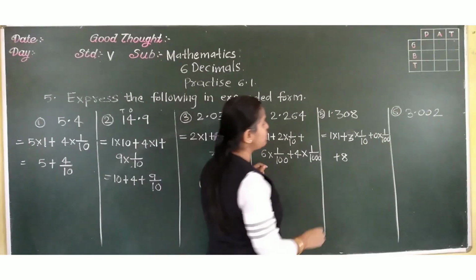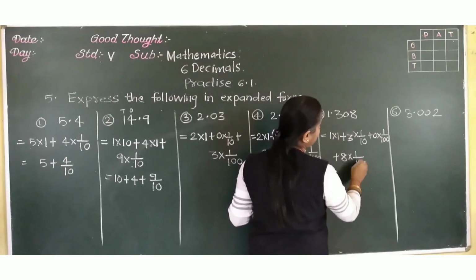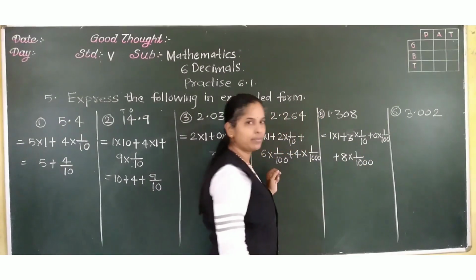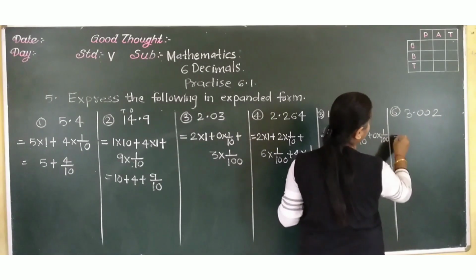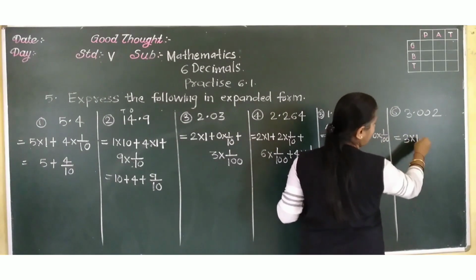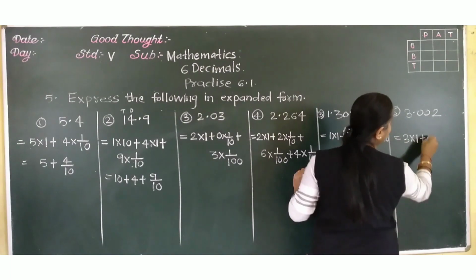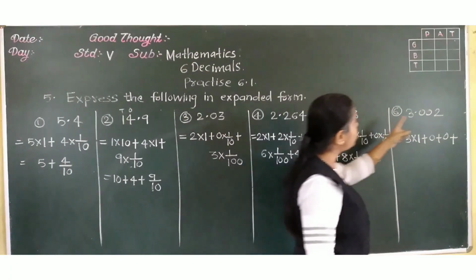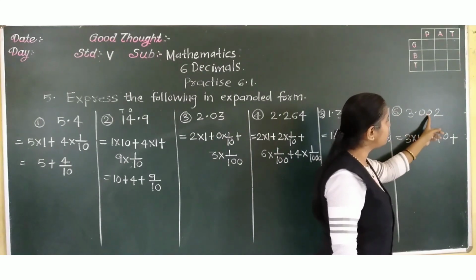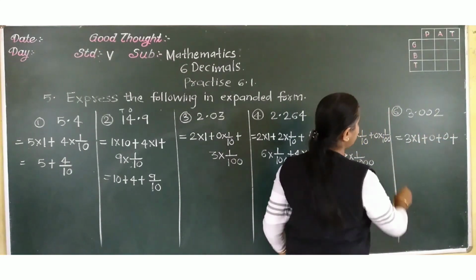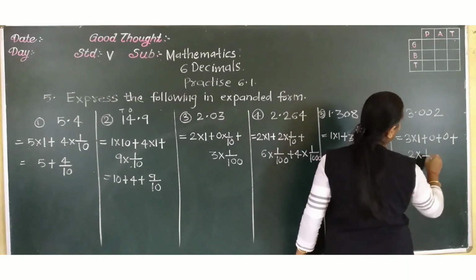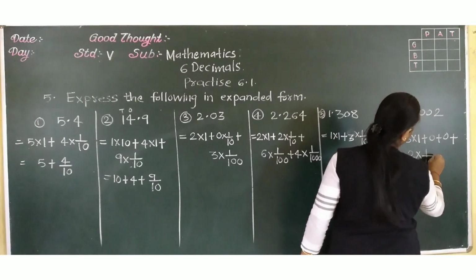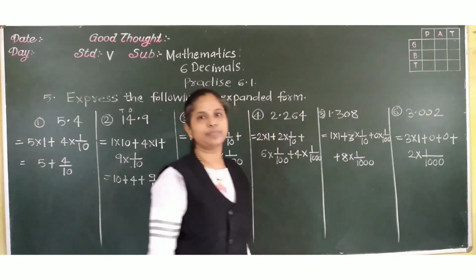Thousandths, that is multiplied by 1 upon 1000. Okay. Now see, the 6th one. 3 is at the ones place, so 3 into 1 plus 0, 0, no need to write. Okay. Now 2 is there at which place? Tenths, hundredths, thousandths. That is 2 multiplied by 1 upon 1000. Okay.